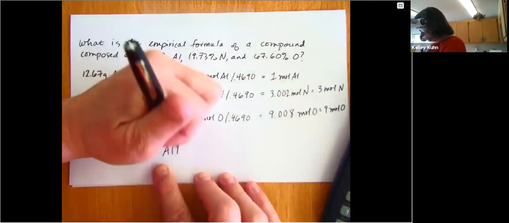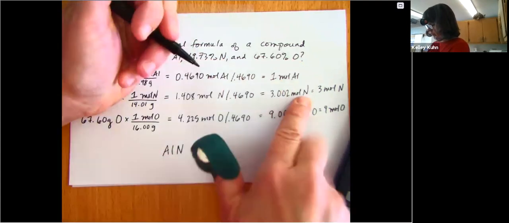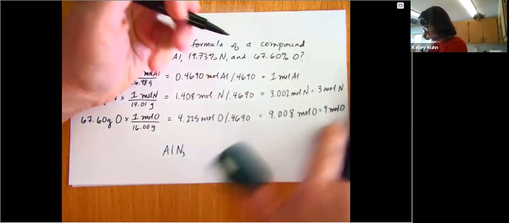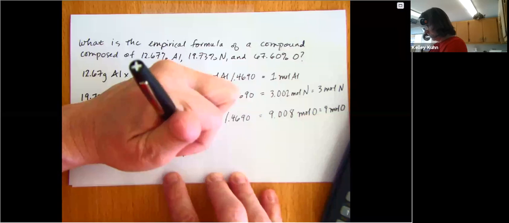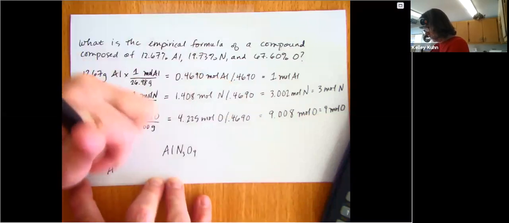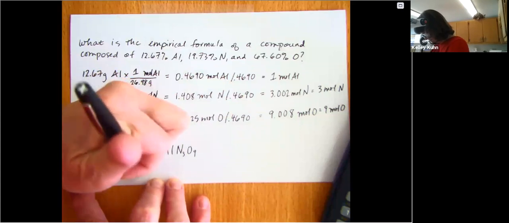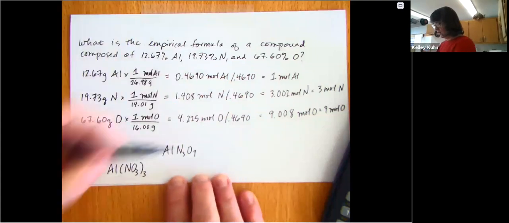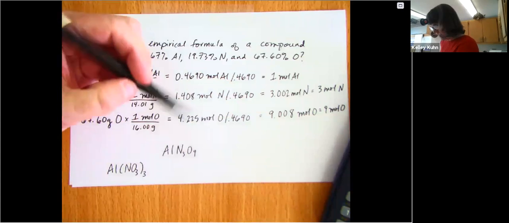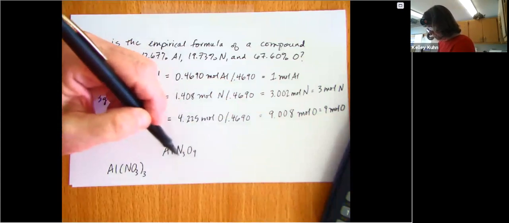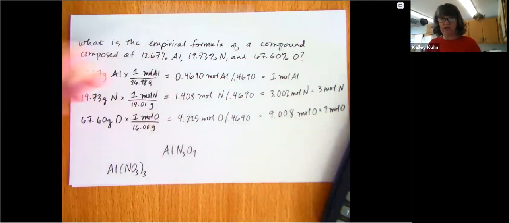Then I'll put nitrogen. And what subscript will it need? A 3. And then I'll put oxygen, and it will need a 9. Now, is this exactly like our original formula? No. But are the ratios the same? Well, I've got 1 aluminum, 3 nitrogens, and 3 times 3, 9 oxygens.